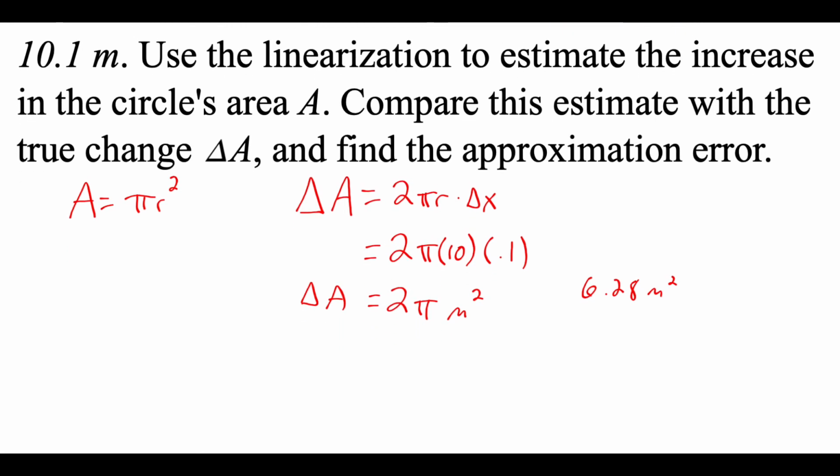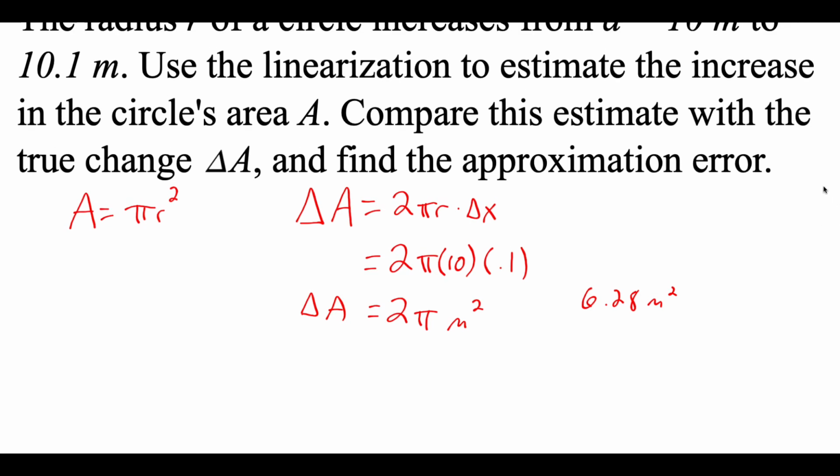Now, if we wanted to calculate the true change as opposed to just approximating, what we would have to do was find the area with the 10 meter radius and find the area with the 10.1 meter radius and then do a little subtracting. So if we look at the radius of 10 first, then we would go pi times 10 squared, which would be 100 pi. But then if we want to find the area with the radius of 10.1, well, then we'd have to go pi times 10.1 squared.